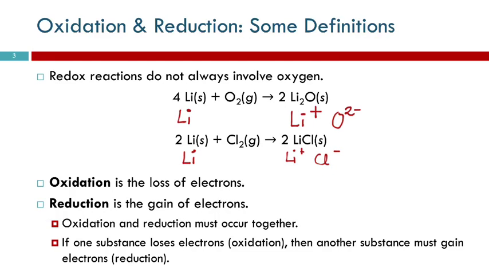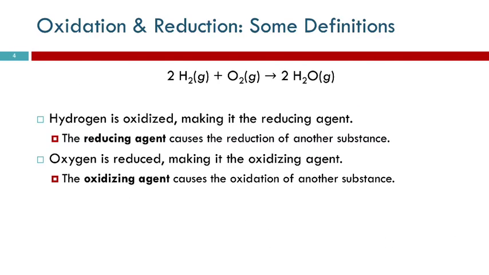They become an ion by gaining an electron. So that was the reduction. If we look at the combination of hydrogen and oxygen to form water, hydrogen is being oxidized. So the hydrogen is gaining oxygen. The oxygen must be being reduced.